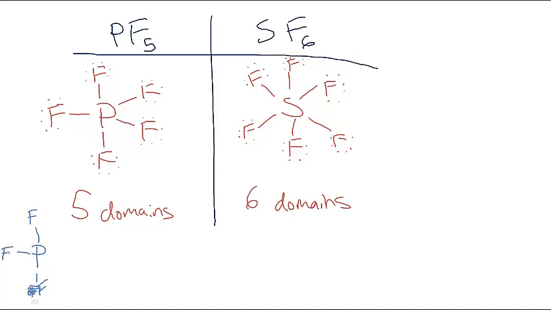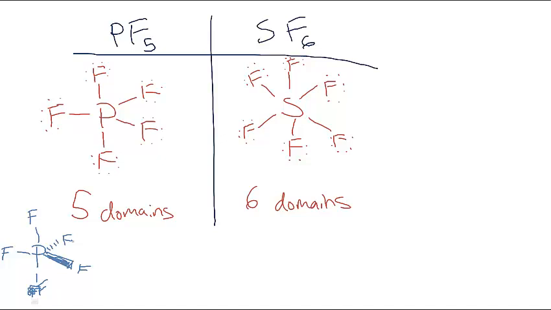What's this angle right here then? What does it look like? 90, and it's all on the plane, so it actually is 90. But now you get your next 2 fluorines not on the plane. And so what you get with 5 domains, and why I think it's the trickiest, is because you actually have 2 angles to worry about.